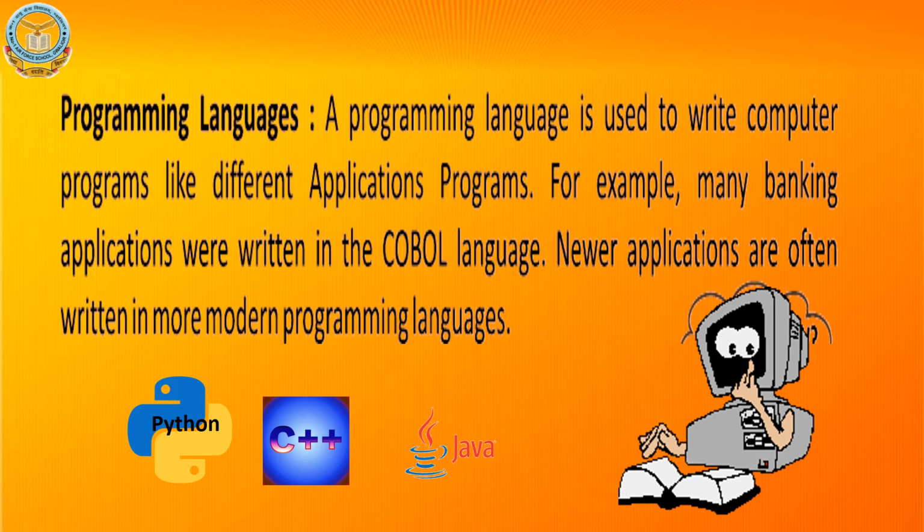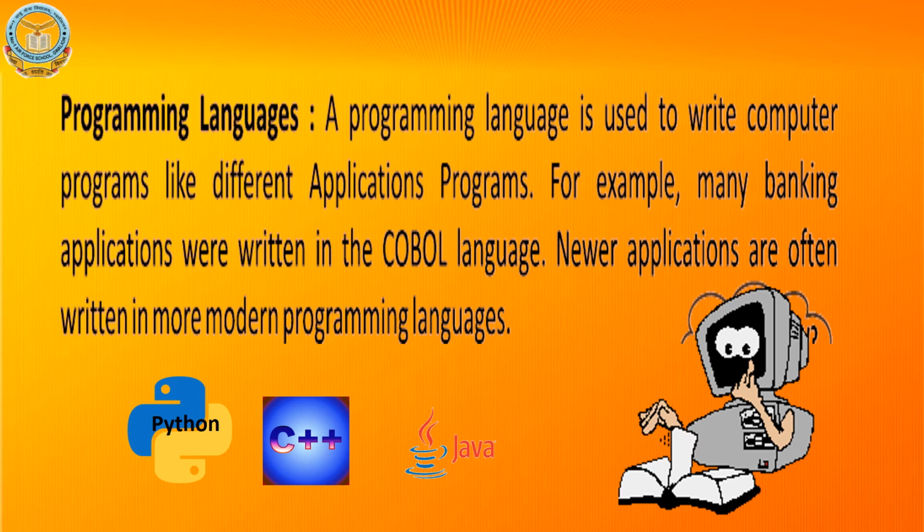A programming language is a vocabulary and a set of grammatical rules for instructing a computer or computing device to perform a specific task. The term programming language usually refers to high-level languages such as BASIC, C, C++, COBOL, Java, Fortran, and Pascal.